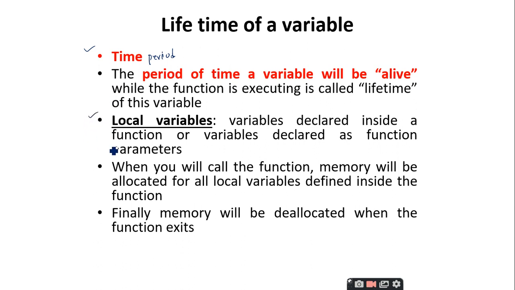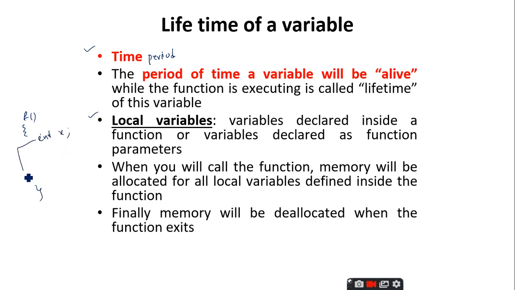So similarly, local variables. When you declare a variable as a local variable, we know that it is declared within the function. Let me take one function f like this, and within this function I declare a variable x like this.